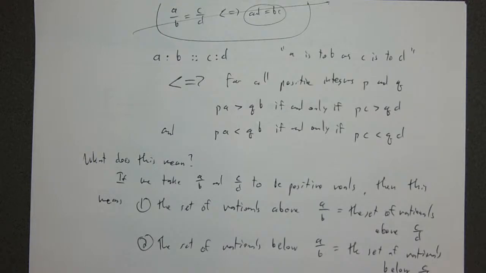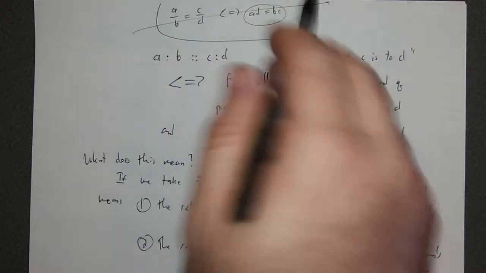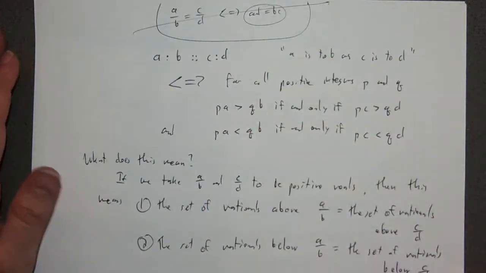So if you want to compare ratios without trying to think algebraically about weird multiplications like this, you have to work from scratch, as Eudoxus did.